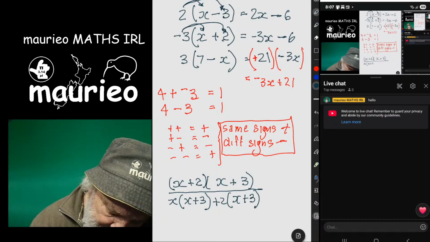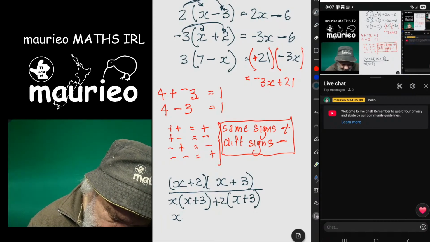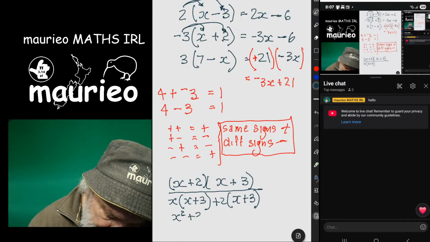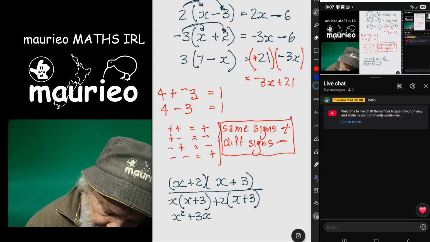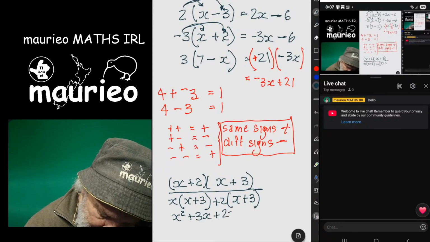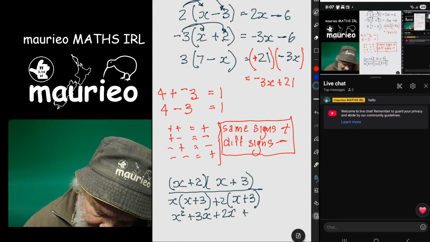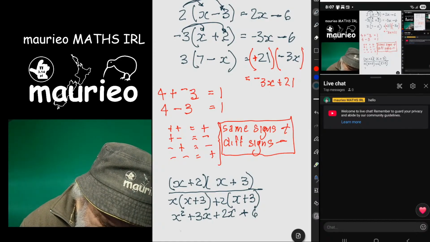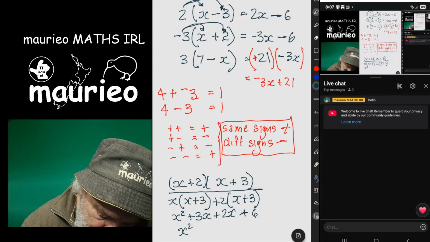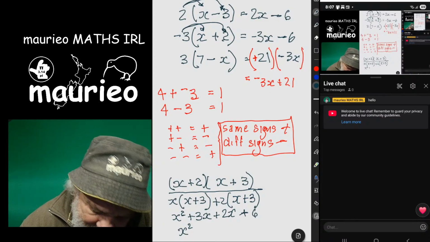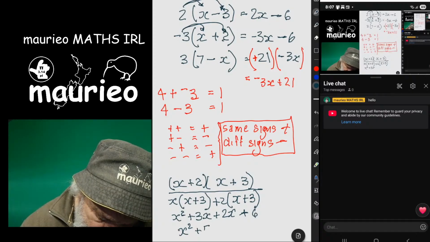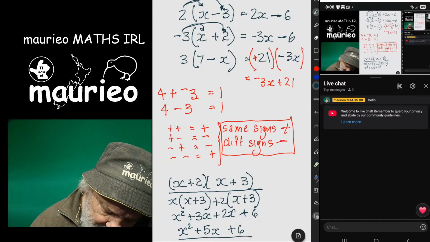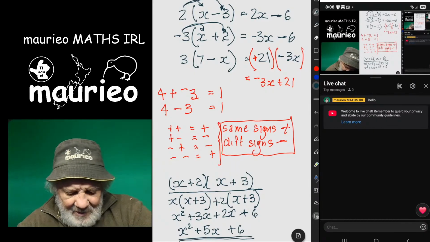There you get x times x, which is x squared, and plus 3x, then plus 2x, and then plus 6. And then we collect all the terms together.